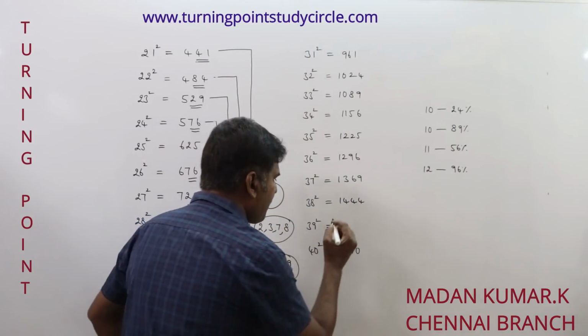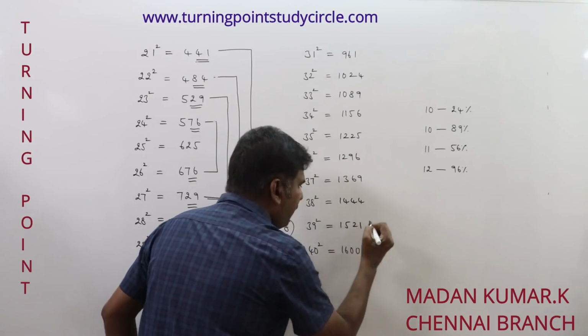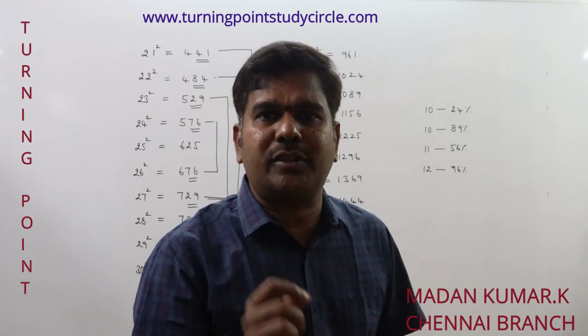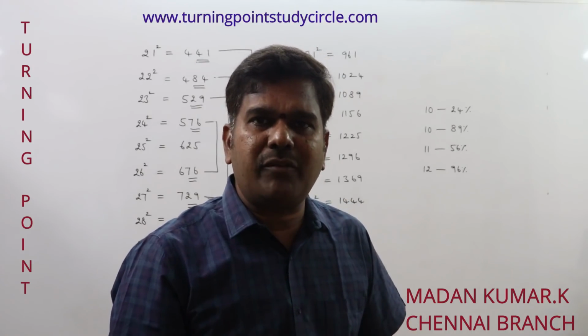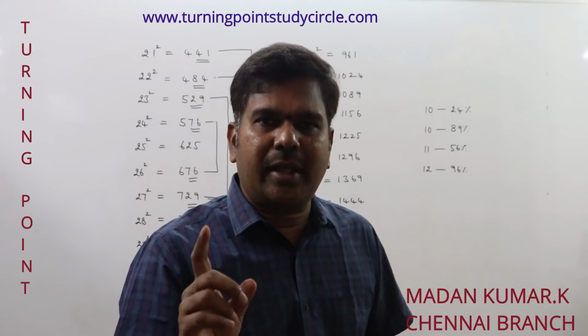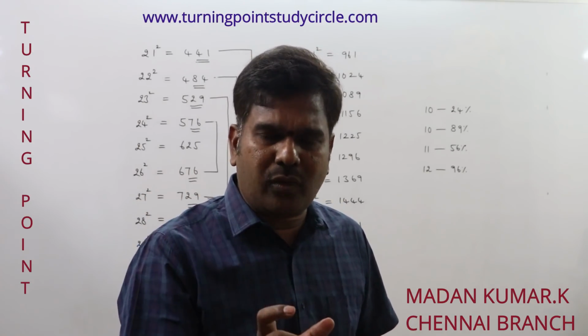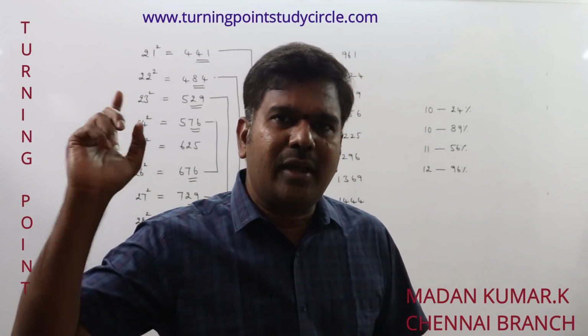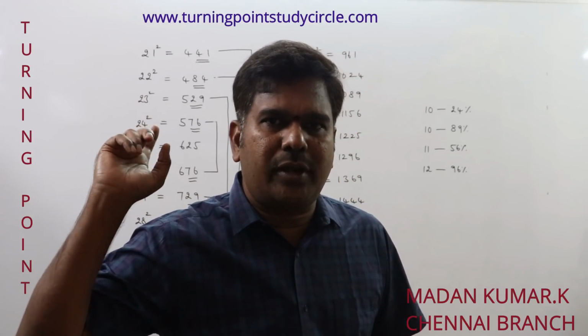39 square is 1521. How can you remember 1521? What is railway timing for afternoon 3 o'clock? That is called 15, right? So remember railway timing 321. Whenever I say 39 square, remember it as the railway timing for afternoon, 321.